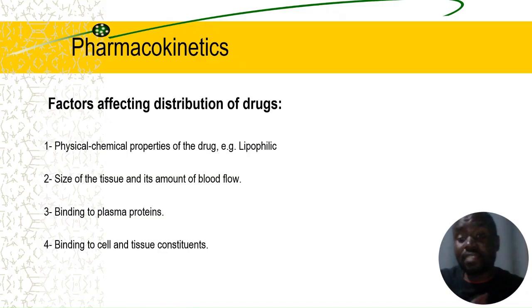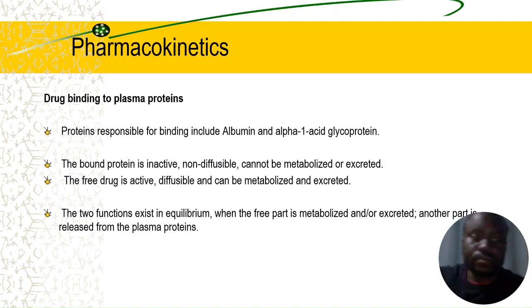If the drug has very high affinity for tissue constituents like calcium in the bones, proteins in the liver hepatocytes, and cardiomyocytes or heart tissue that attracts certain drugs like digoxin, it can influence whether the drug will have a larger or smaller volume of distribution.